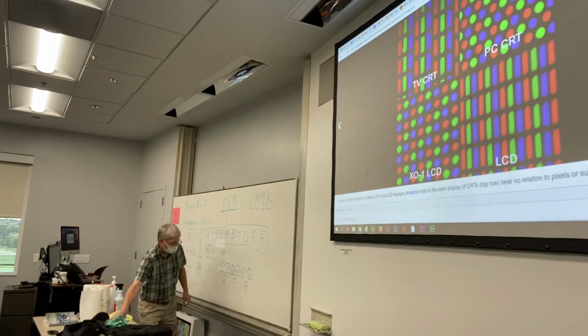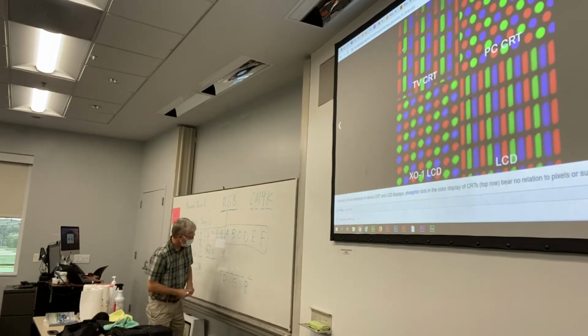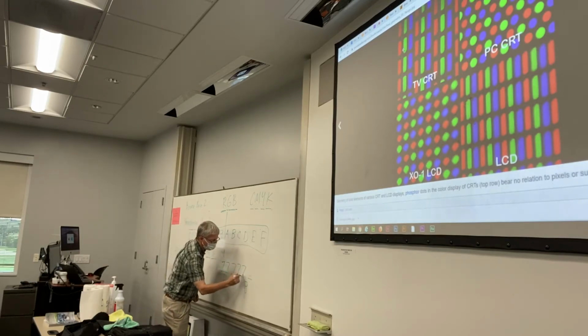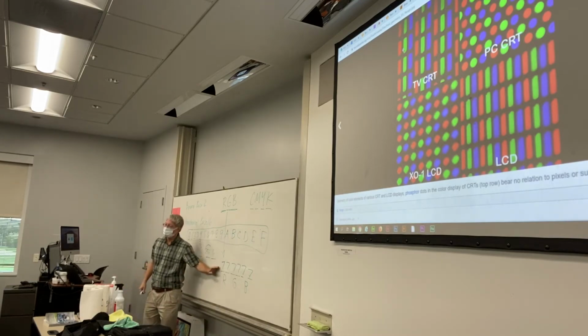If you have a color like this, like you've got maybe 7, 7, 7, 7, 7, 7, what's that going to be? If all the numbers are the same, it's always a shade of gray, just neutral gray, no matter what.